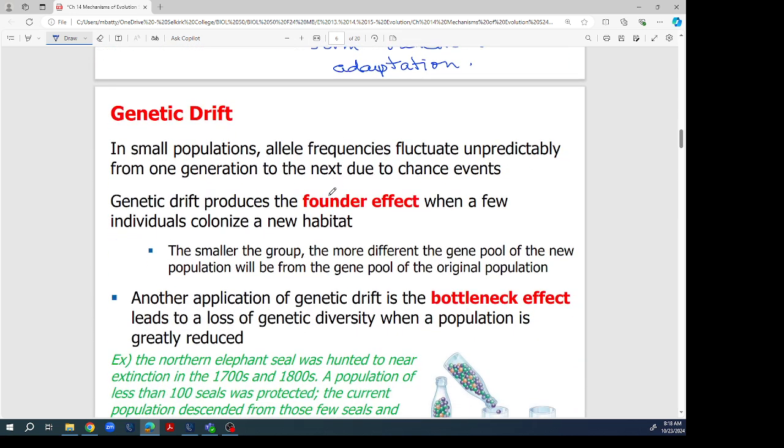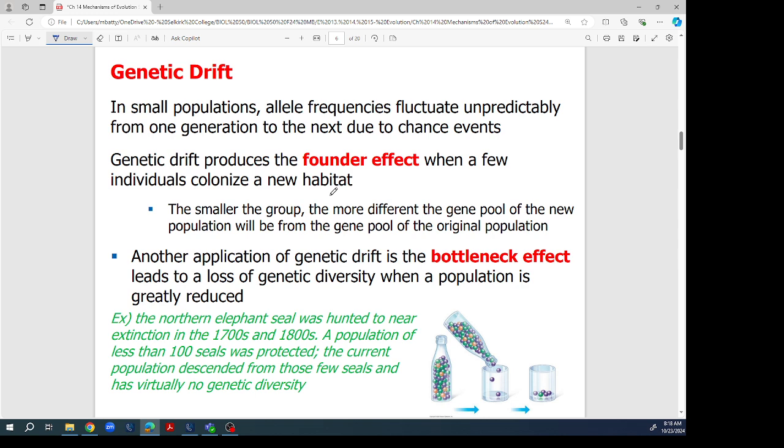Genetic drift, we could talk about how when the population gets limited, so there's a small population, it's like a subsample of the gene pool, we might get a different allele frequency. And so these could fluctuate unpredictably from one generation to the next due to chance events.